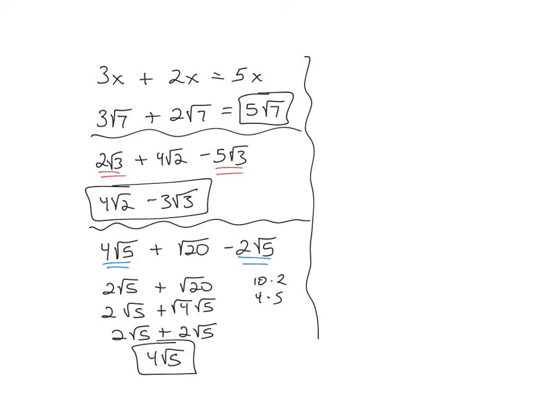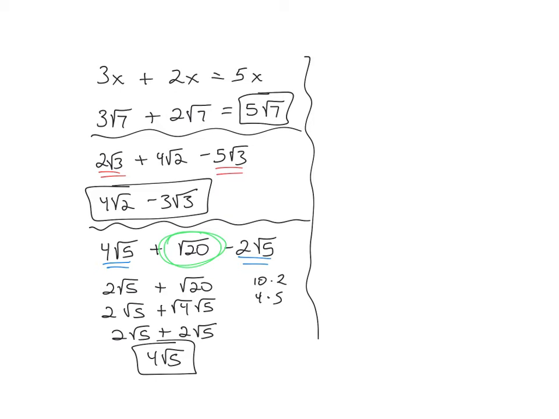Okay, so you're going to have to simplify some of them in the middle of the problem, and then you'll be able to combine it with something else. They're not going to give you a problem where there's nothing to do. Okay, so if you look at some of them at the very beginning, they don't have anything that can combine. Well, that means that at least one of the numbers under the radical, you have to simplify it, and then you'll be able to add or subtract them together.